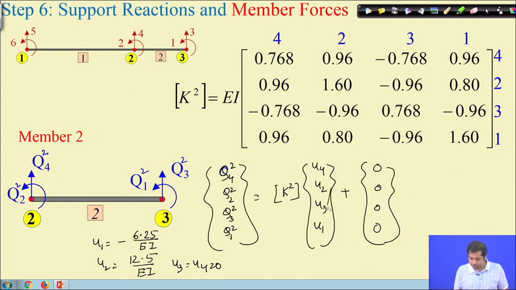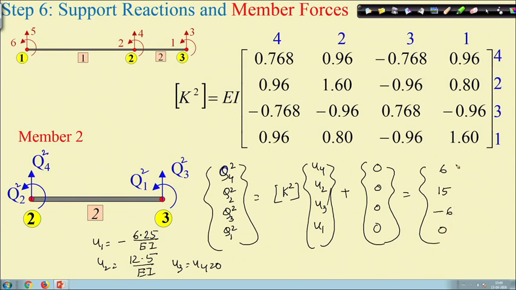If we substitute this, with K2 equal to this and the fixed end actions as this, the values we get are 6, then 15, minus 6 and 0. So, these are the member forces for member 2.